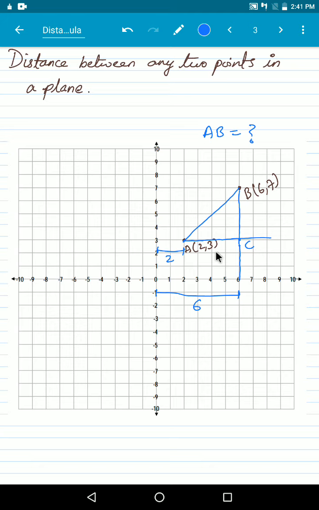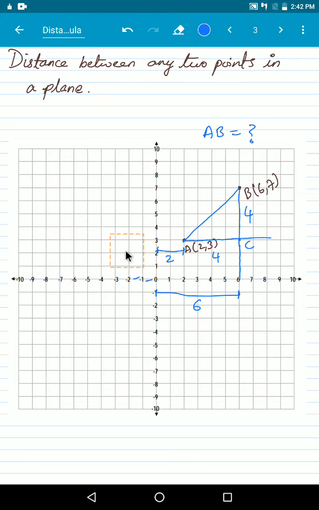So AC will be equal to 4 units. And what will be BC now? From here to here the y value is 7, and from here to here it is 3. So we need to find BC. 7 minus 3 will be 4 again. Okay. So we got 4 and 4.